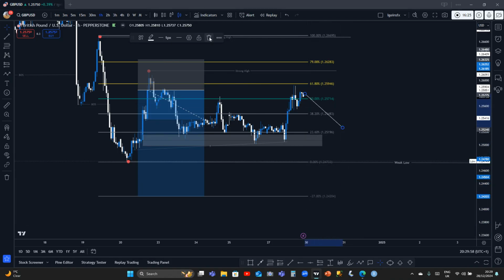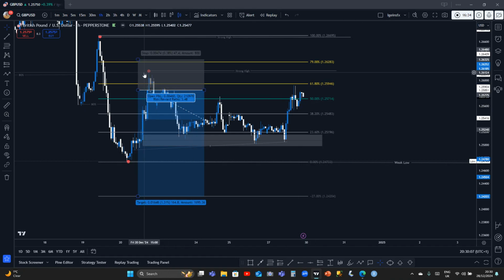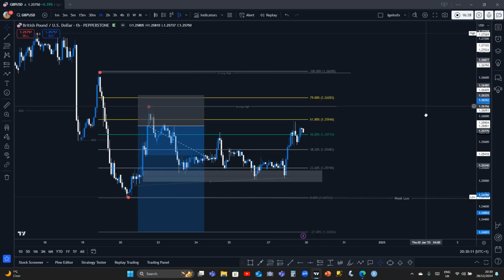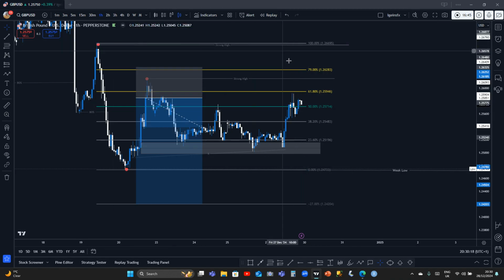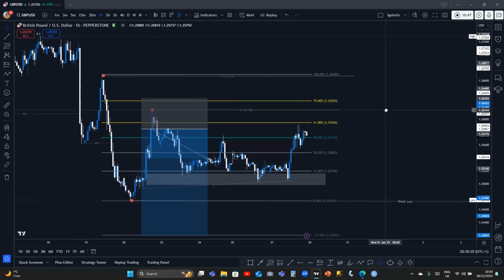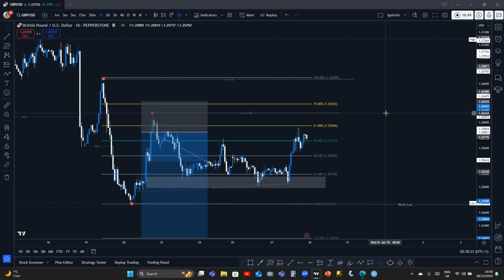So, guys, I hope the analysis is very clear. Until the strong high is taken, we are very sure that we are bearish. Until the strong high is violated, that is, when the strong high is violated, you just know that price has changed.